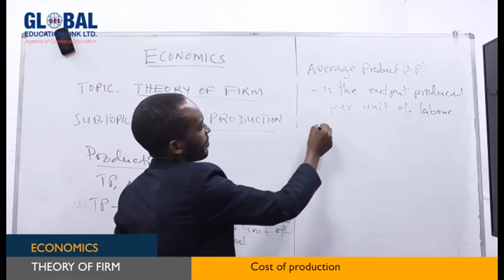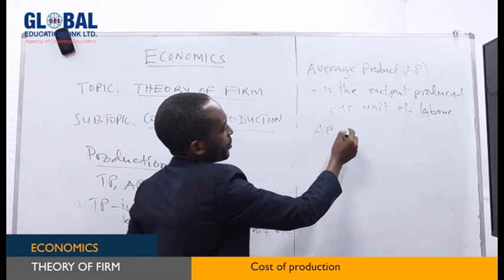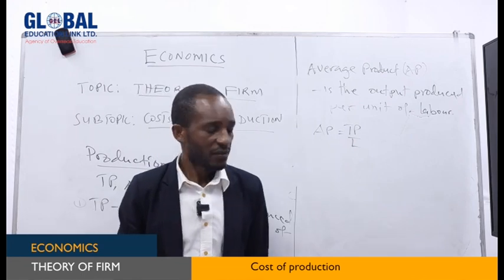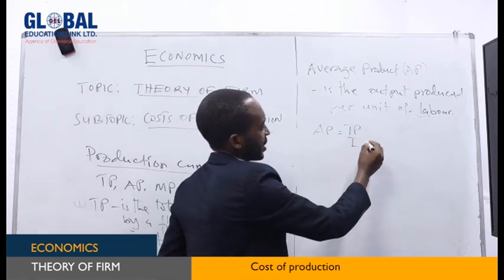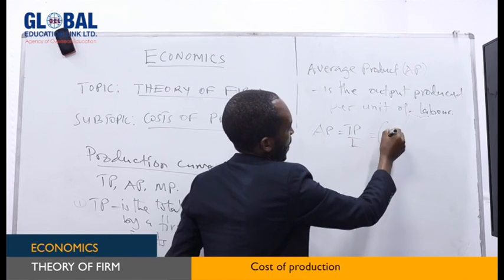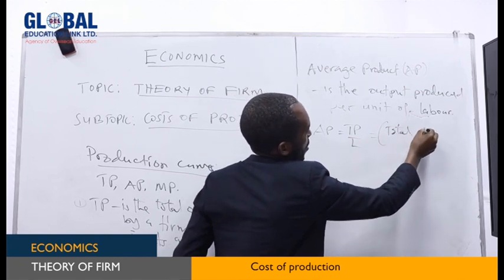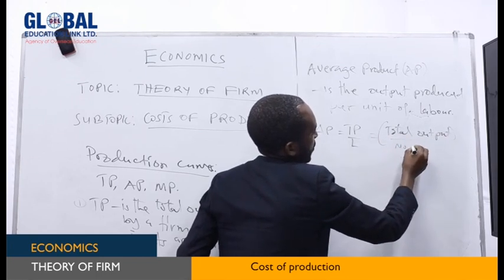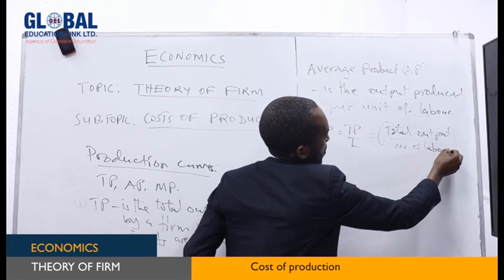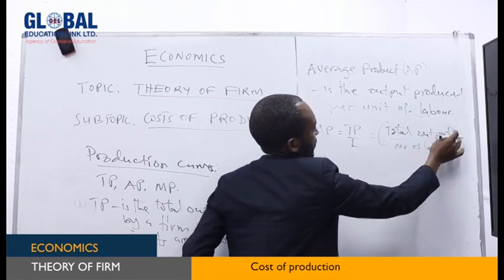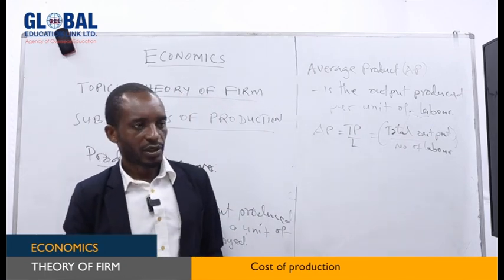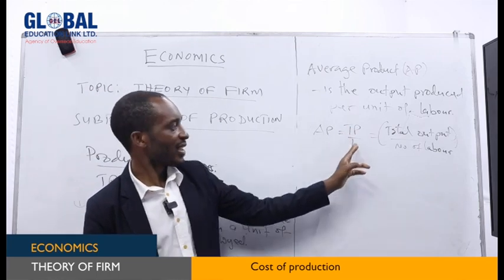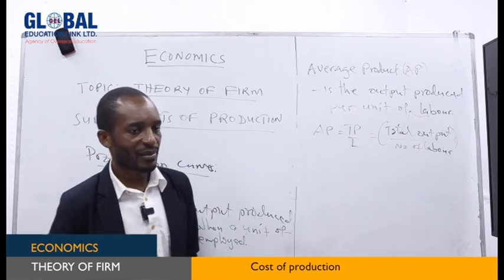So the average product will be equal to total product divided by number of labor. So this is the same as total output over number of labor. So this is how you can find the average product. You take the total product divided by number of labor.